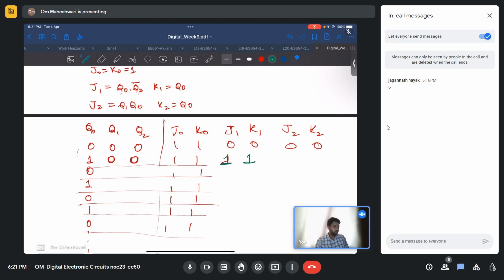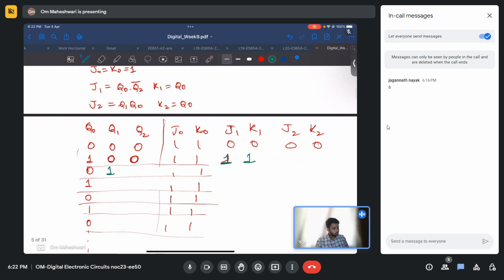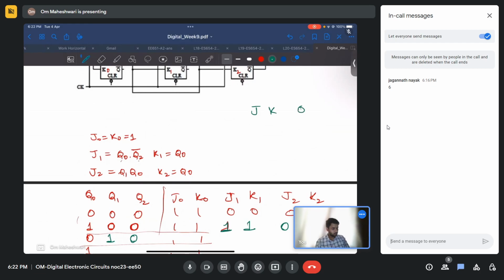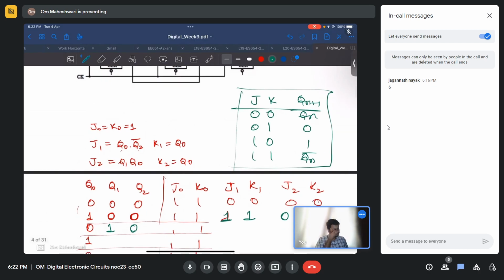So J1 K1 is 1 1, and now Q1 will flip. It will become 1. J2 is Q1 Q0, which is 0, and K2 is Q0, which is 1. In the 0 1 condition, it remains 0. For a JK flip-flop, if you remember, Qn plus 1 is Qn for 0 0, 0 for 0 1, 1 for 1 0, and Qn bar for 1 1. This is the truth table of the JK flip-flop, right?